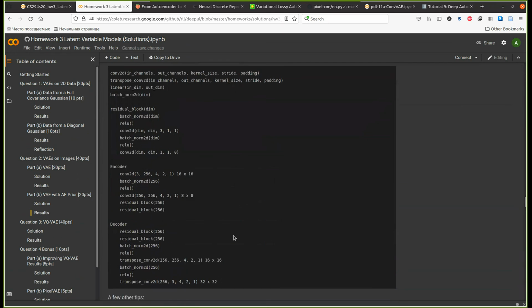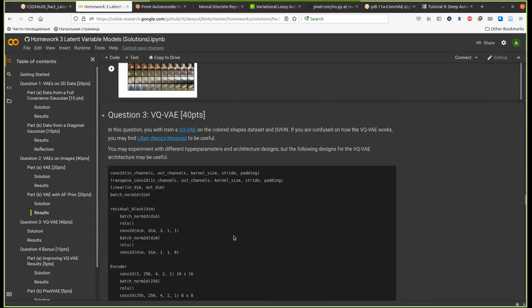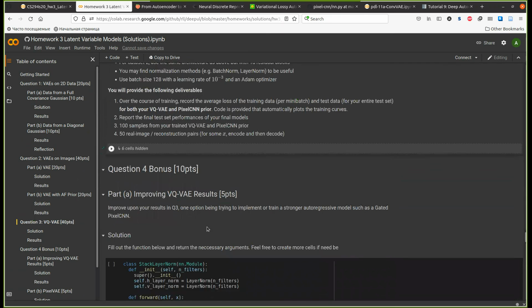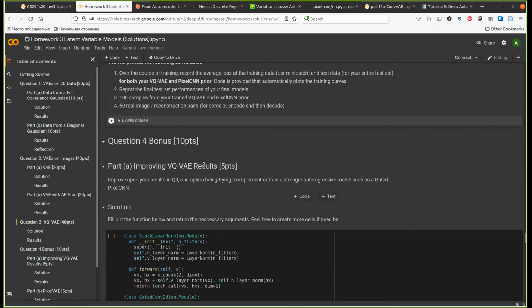Okay, I think we should defer the VQVAE discussion to the next session. We have one question left. The next question will be very related to the previous one.